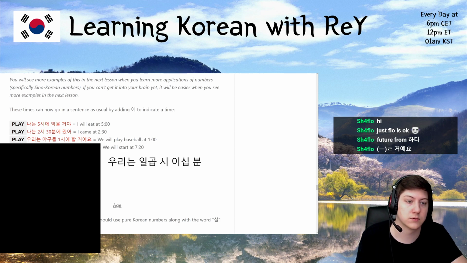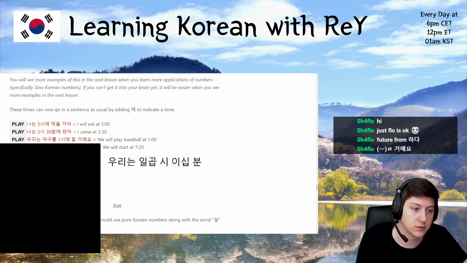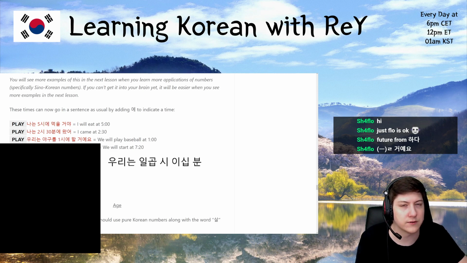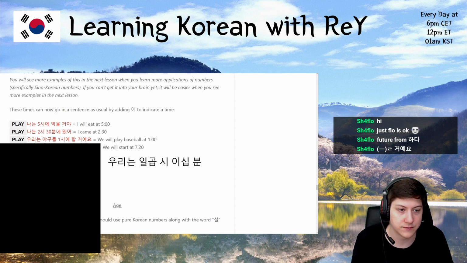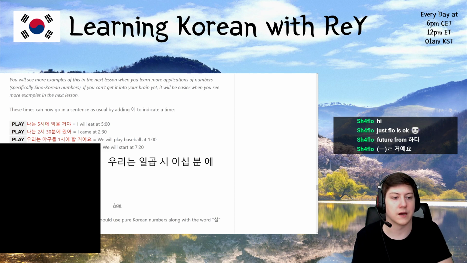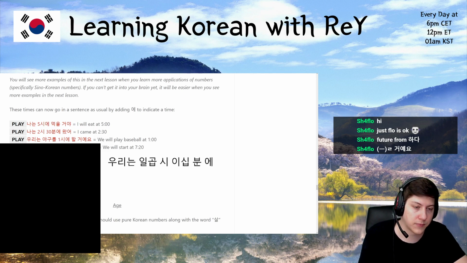Ishibun? Or is it bun? It's pun, right? With a P because there is a space. Ishipun. It's its own word, I think. Okay, then we have the time particle.